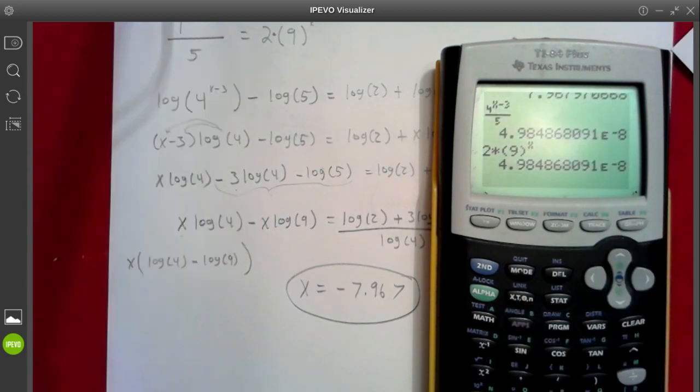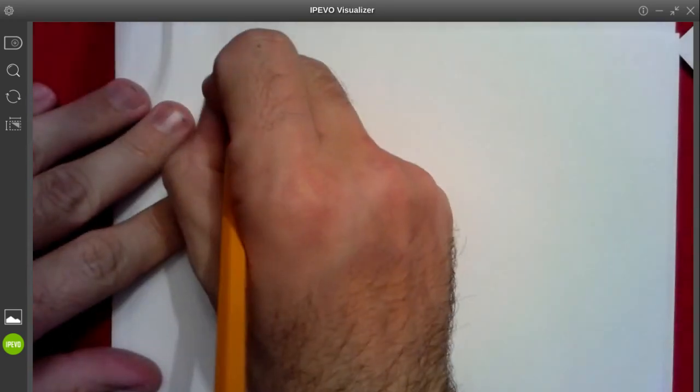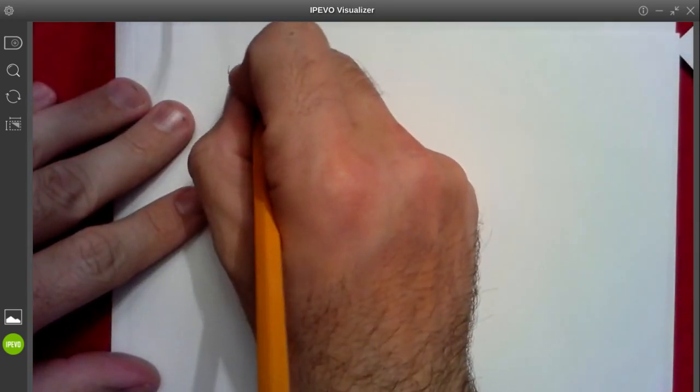Same exact thing. I want to show you just real fast, because this one could have been a little bit easier if we would have multiplied by 5 first to clear out that denominator.